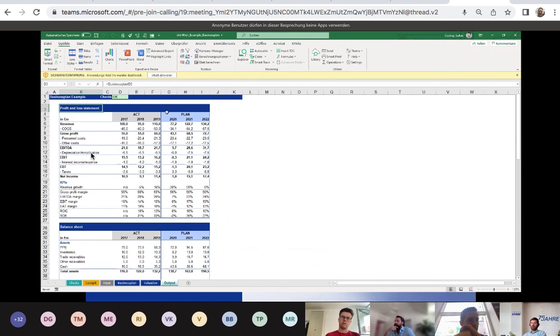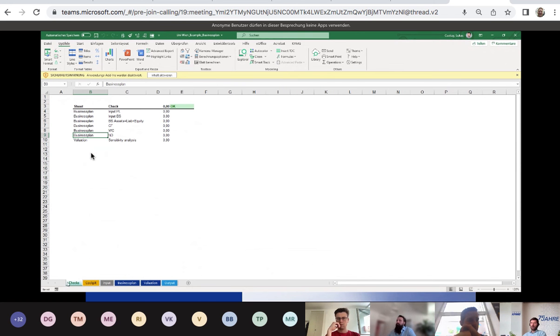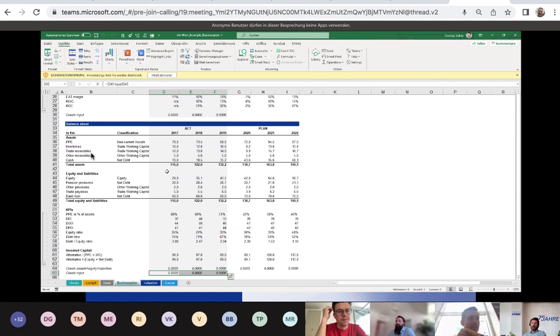And the most important tab in every financial model is the checks tab, basically, where I have included some checks whether, for example, assets equal liabilities.